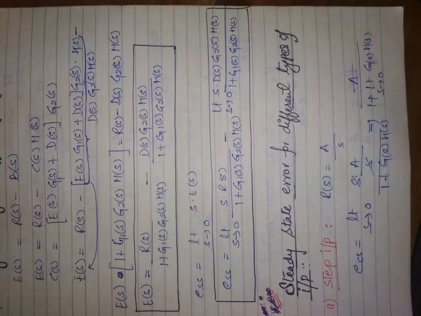Next point. When non-unity feedback elements are present, then to find the type of the system and hence steady state errors, it should be compulsorily specified as feedback as measuring elements.